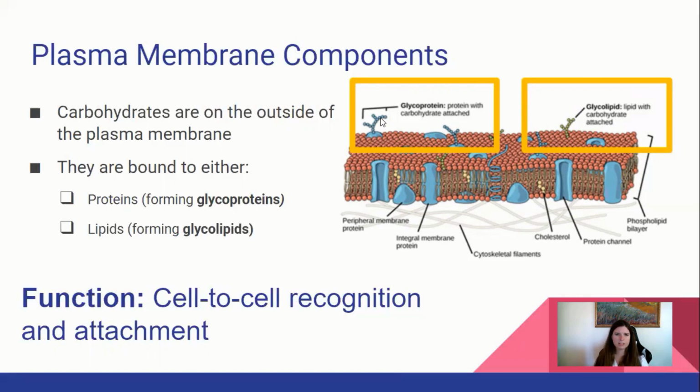Okay, so this is a glycoprotein. These are sugar rings stuck to the outside of a protein. This is a glycolipid attached to one of the phospholipids itself. So it's more little sugars attached to the outside of a lipid. And the function of these carbohydrates is really to allow cells to recognize each other and partially to allow them to attach to each other.